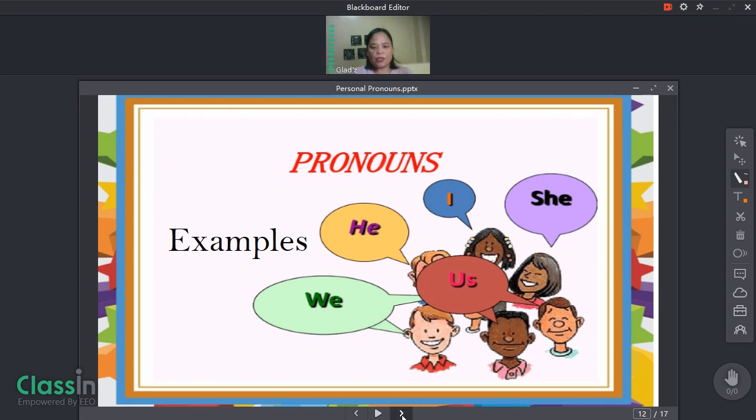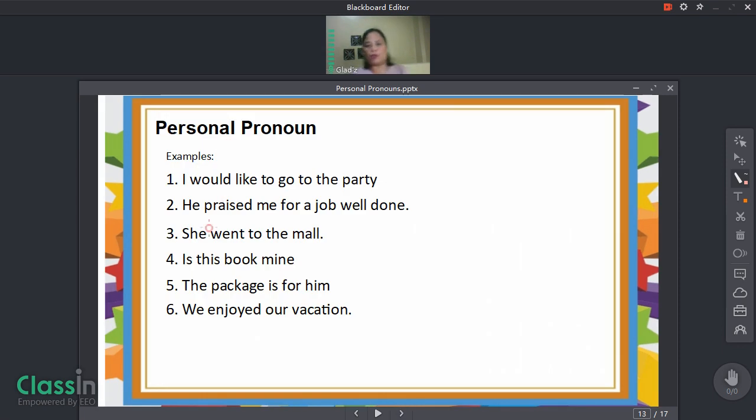This is also considered as practice exercises for you. Let us identify the personal pronoun in the sentence, and together identify also the person, gender, number, and case.